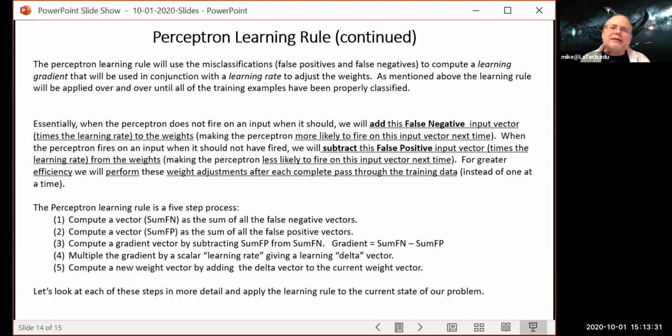But it's basically a direction we need to move, okay? That gradient will be combined with something called a learning rate. If you think about the gradient as the direction we need to move, you can think about the learning rate as, okay, how far in that direction do I want to go? On this next step of the algorithm.